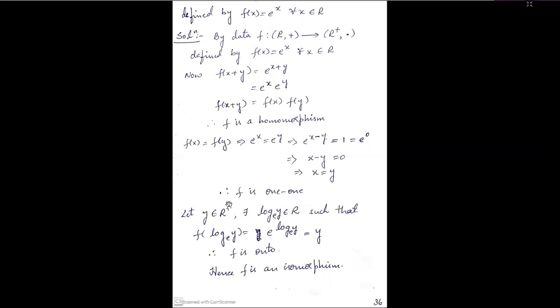So for every y in R+, you can find log y in R such that f of log y is equal to y. Therefore, f is onto. For every value, you get a pre-image because it is only positive real numbers, so log of positive real numbers definitely exists. Hence, f is an isomorphism.